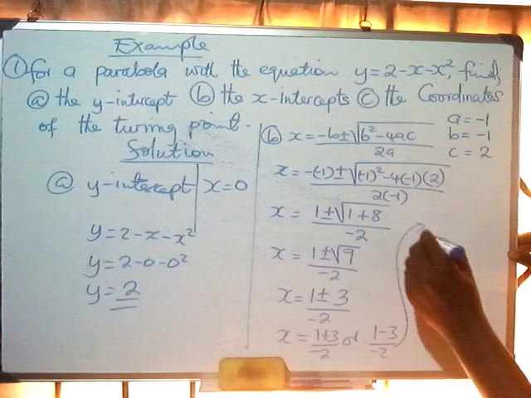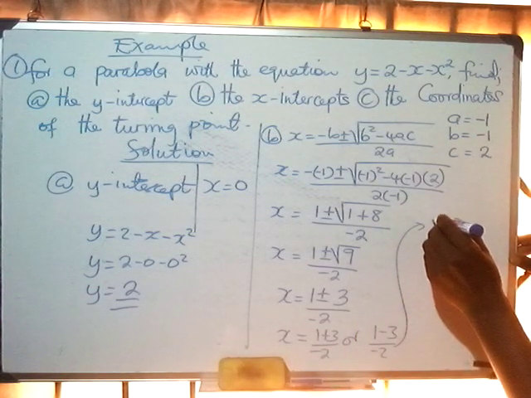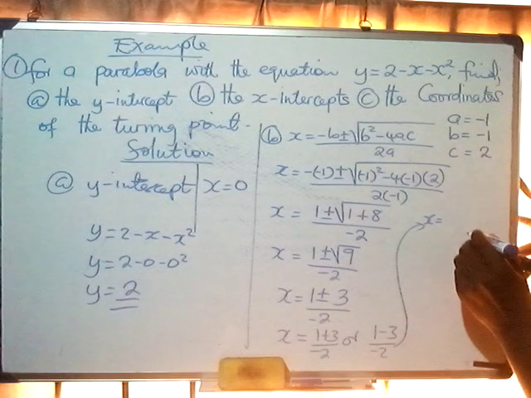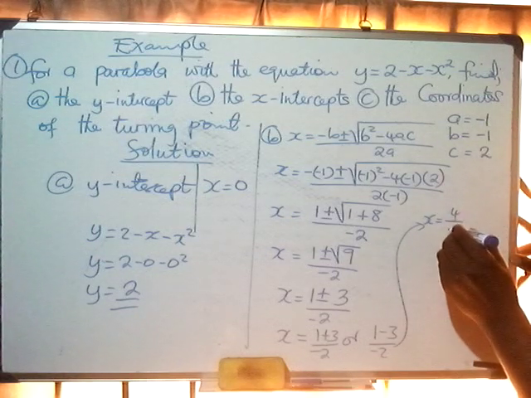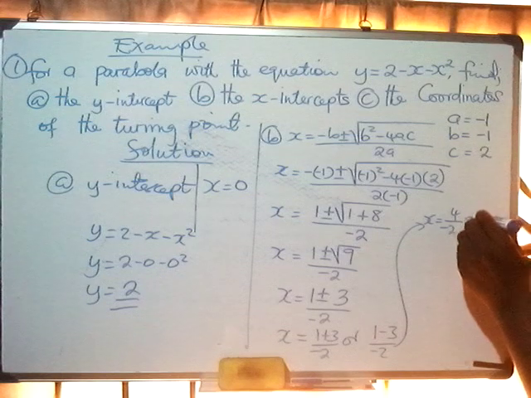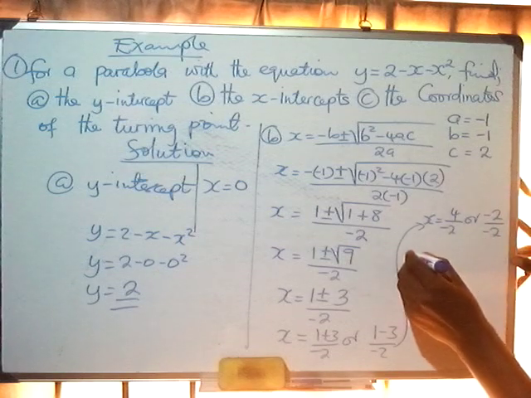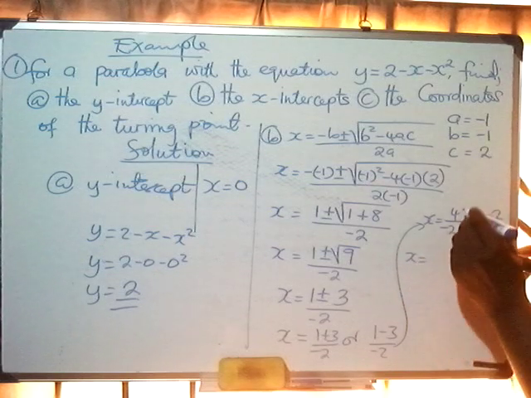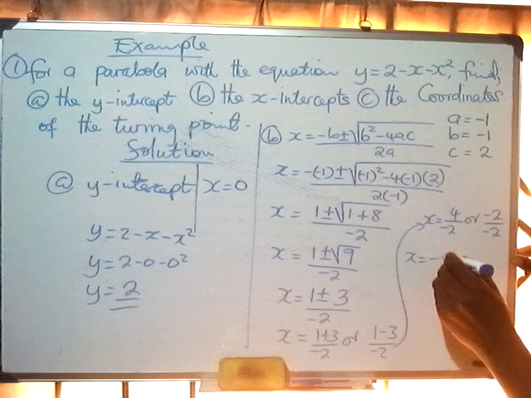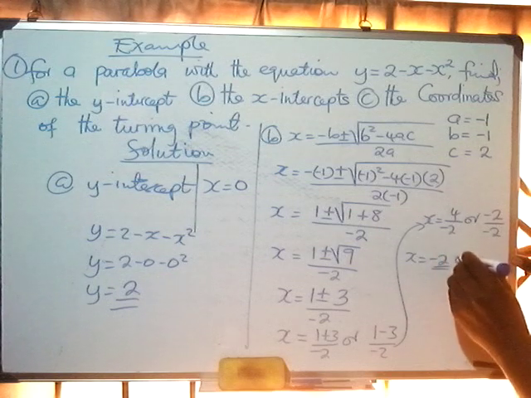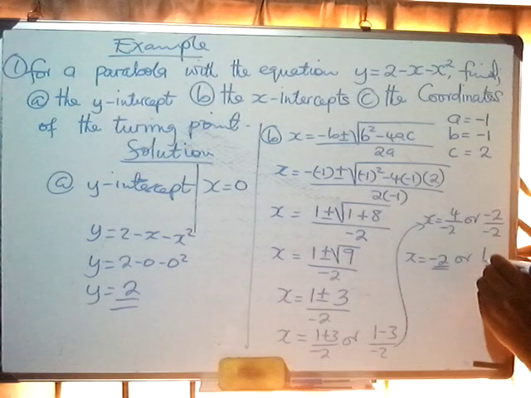So let's see. So there it will be x is equal to 4 over negative 2, or it will be negative 2 over negative 2. So x is equal to, there it will be negative 2 or 1.